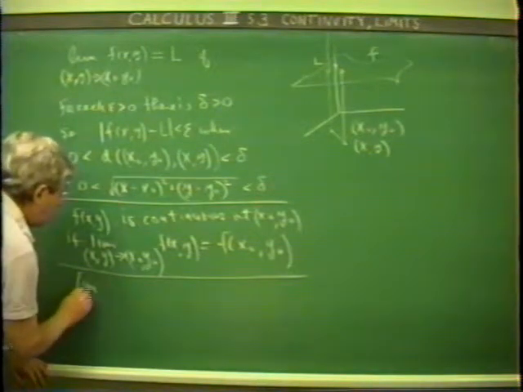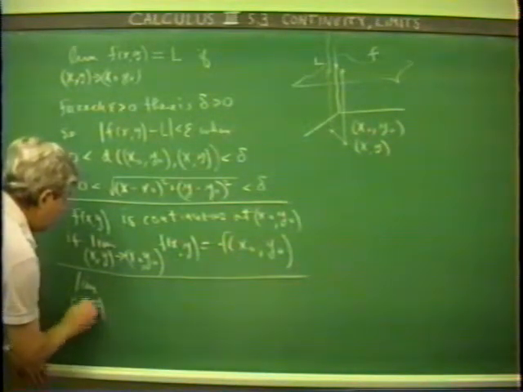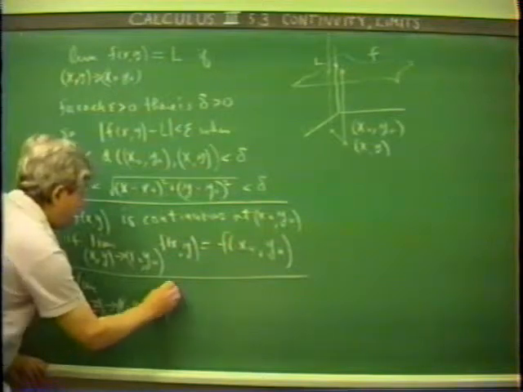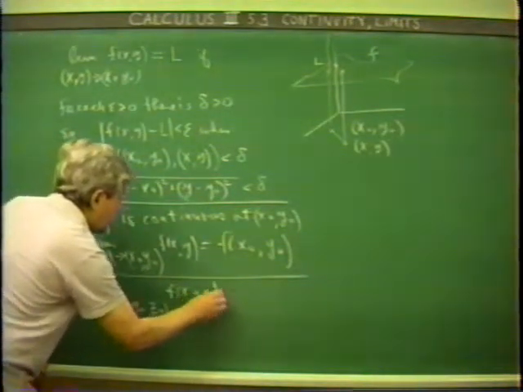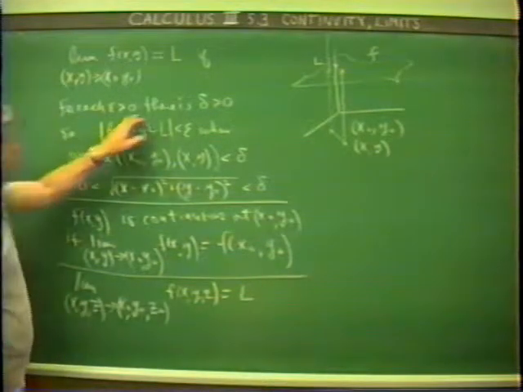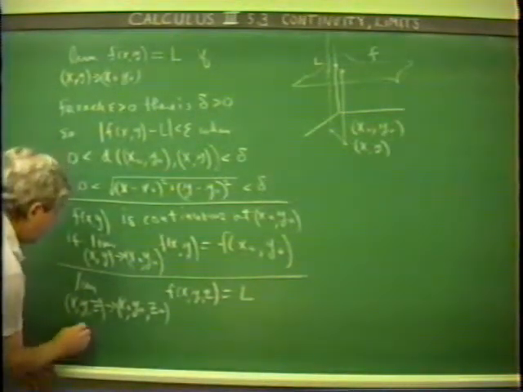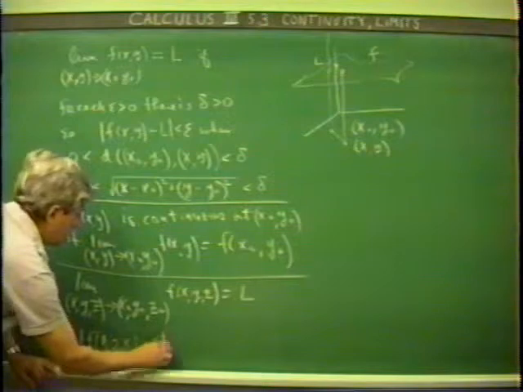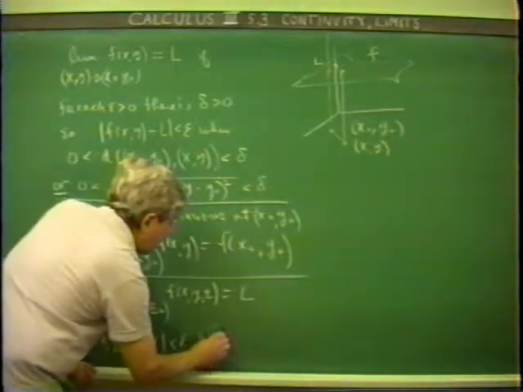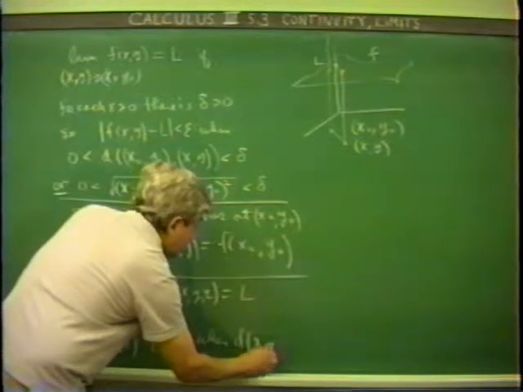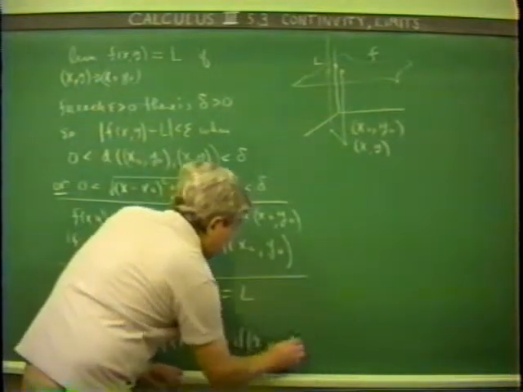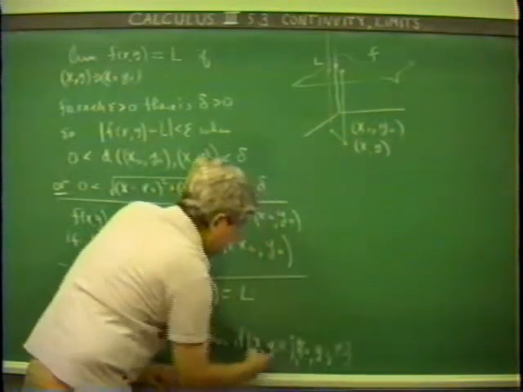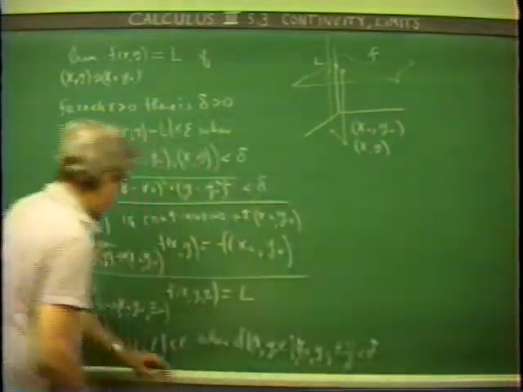That's to say, the limit as x, y, z approaches x naught, y naught, z naught of f of x, y, z will be defined to be L if for each epsilon greater than 0 there's a delta, so that the difference between f of x, y, z and L is less than epsilon when the distance from x, y, z to x naught, y naught, z naught, abbreviating this like this, the distance between this point and this point, is less than delta.